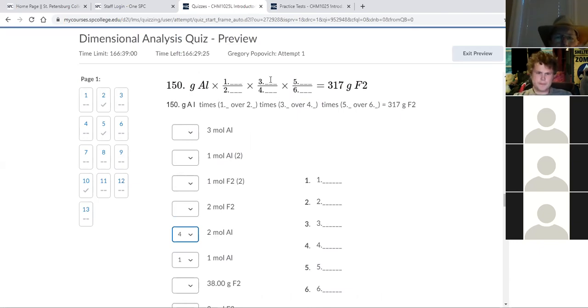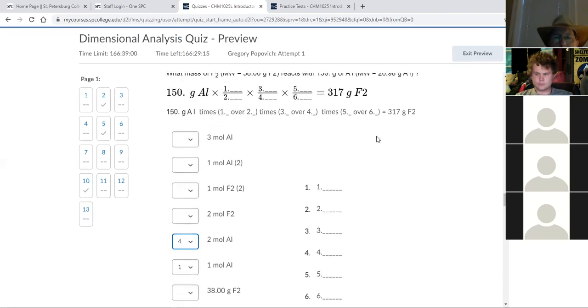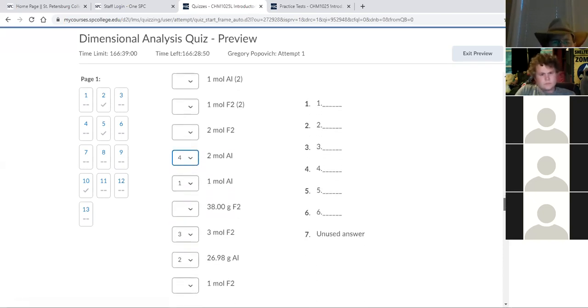I now have moles of fluorine. I want to get grams of fluorine. So what's going to go on top? What am I canceling out here? Moles. And what am I trying to get? Grams. Is there a relationship between moles of fluorine and grams of fluorine? 1 mole is equal to the molecular weight, which is 38.